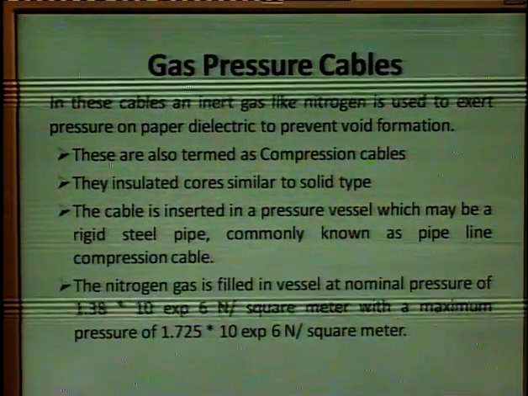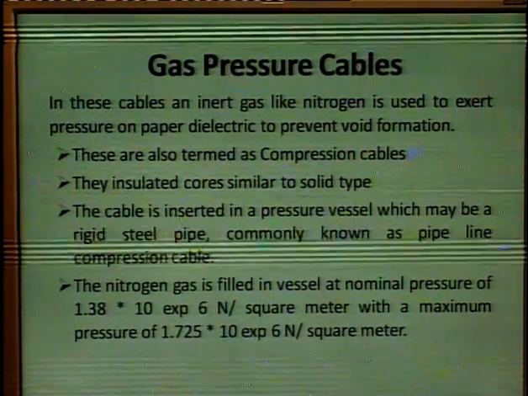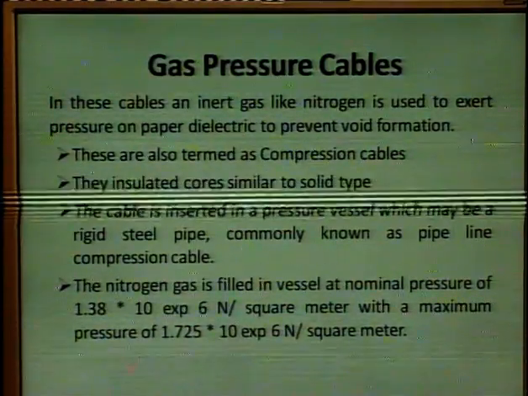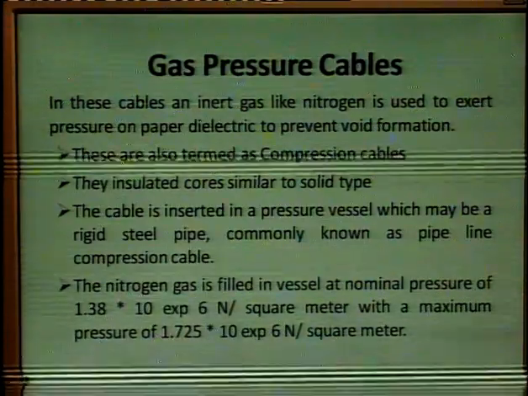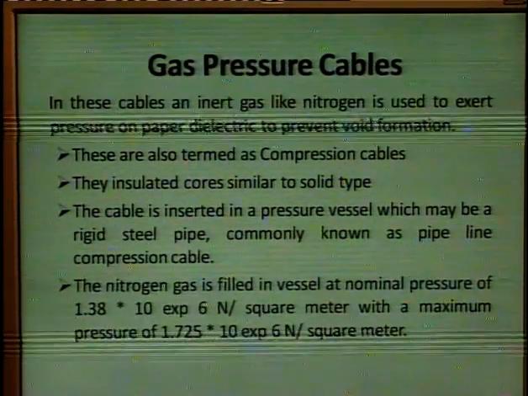The insulated cores are similar to the solid type, and the cable is inserted in a pressure vessel which may be a rigid steel pipe, which is commonly known as pipeline compression cable.